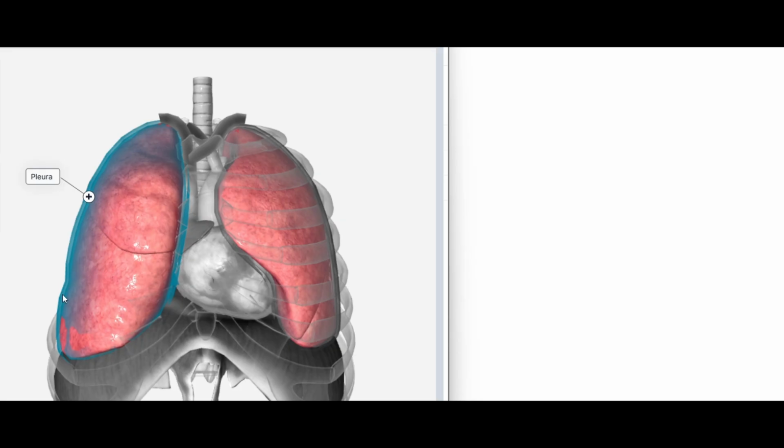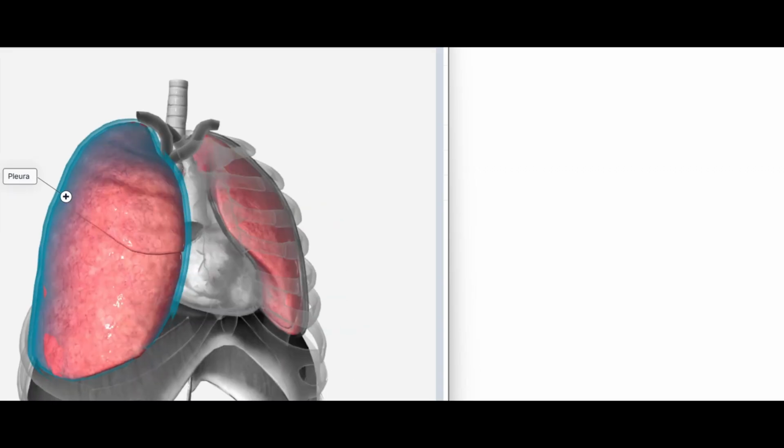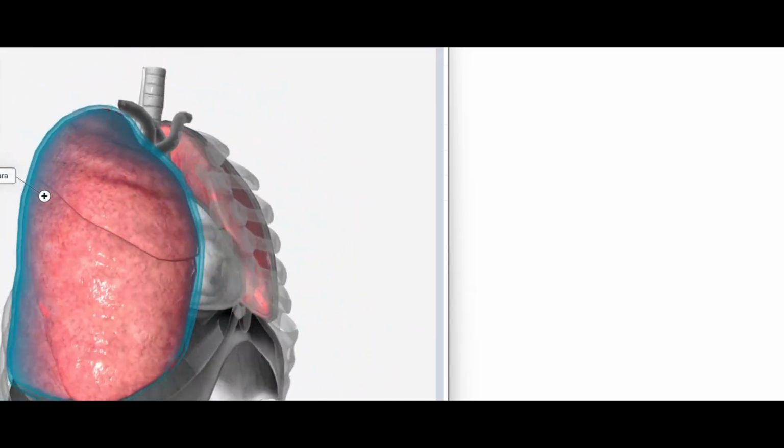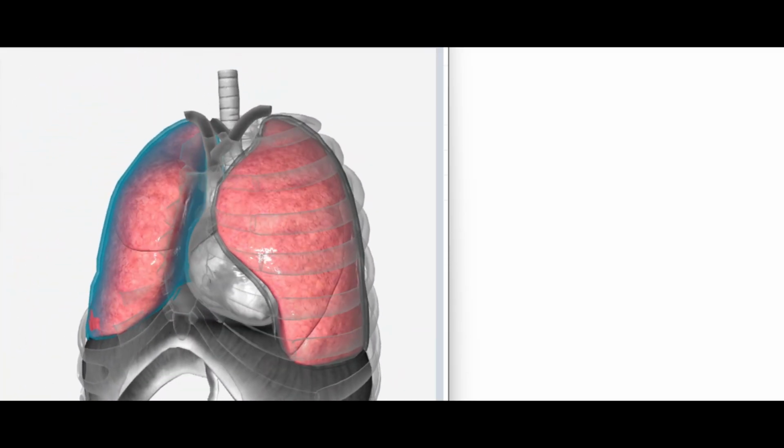If there is any protrusion into that sac, whether it's from trauma or whether it's from a blowout of sorts through the lung tissue itself, this sac can fill with air or blood. And if that happens, there's nowhere for the lung tissue to go except for collapsing. And so that's when you start to get that collapsed lung situation, is when this sac gets either blood or air accumulating in it.